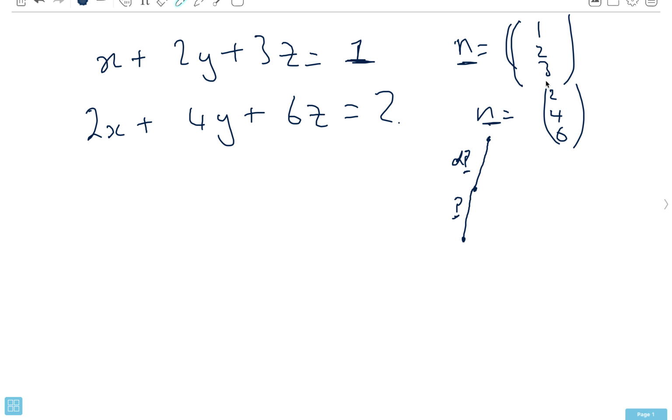So since these two vectors are parallel, the two planes must also be parallel. And that means that they're either stacked on top of each other. I really can't draw planes, but if you imagine one plane being stacked on top of the other, or it means that they're exactly the same plane.